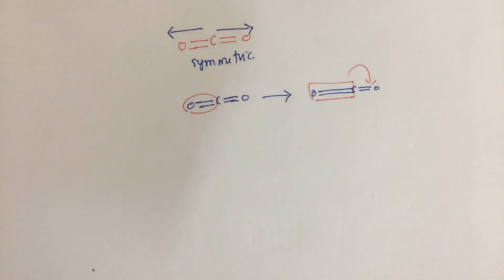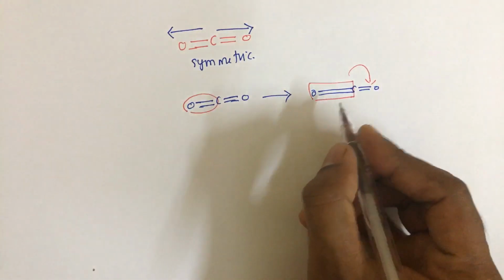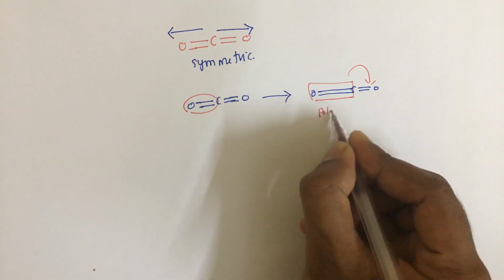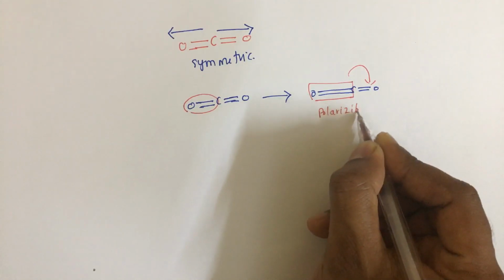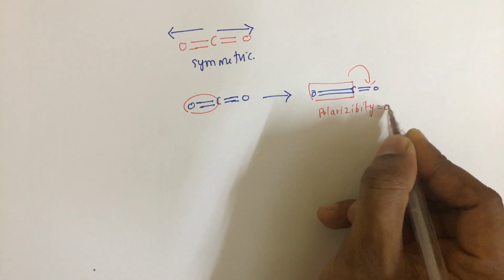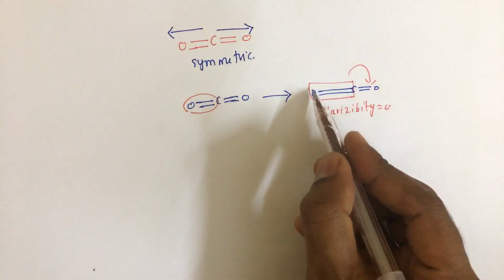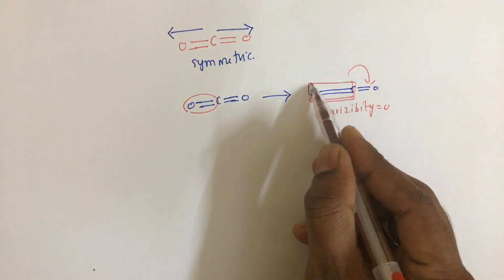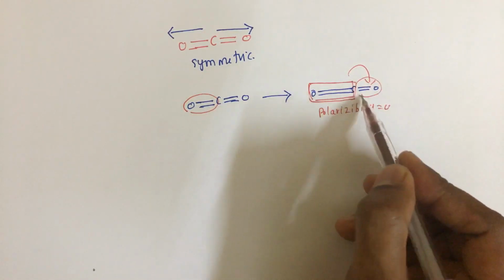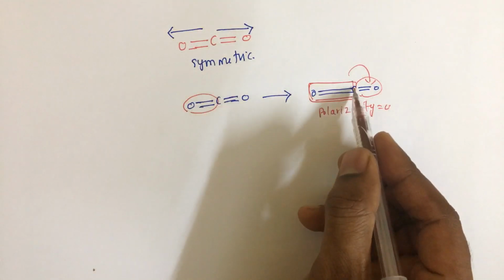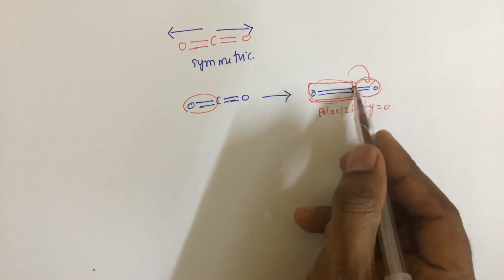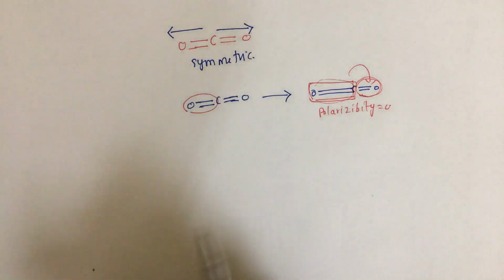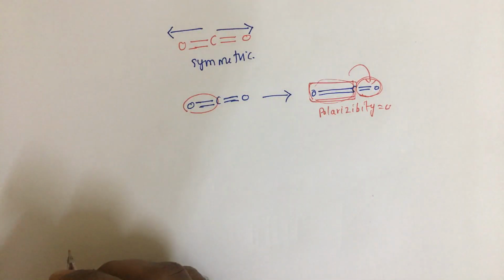Okay, so that way the induced dipole moment, otherwise we can say the polarizability, will be 0 here. Whatever change is produced by this bond, that gets cancelled by this. So because of that reason, the polarizability is 0 here.